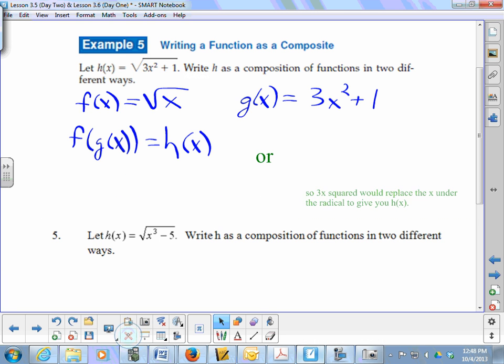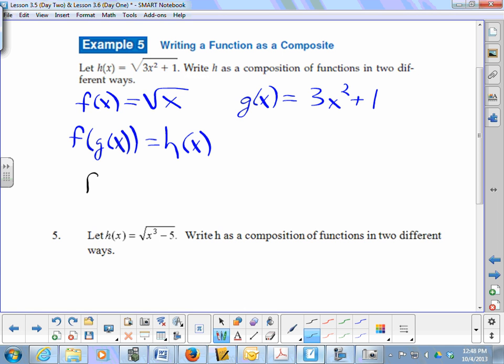Now, there's another way we can do this too. So that's one way to do it, where I just use the parent function itself, and 3x squared plus 1. But there's another way I can do it. Look at it and see, is there another way I can put something in there for an x and still get the answer?